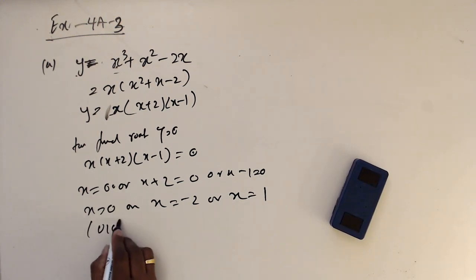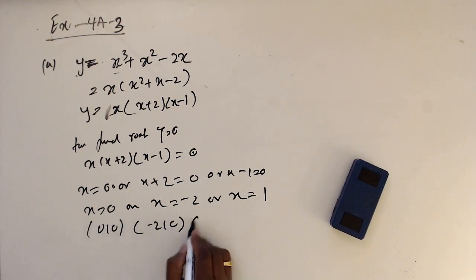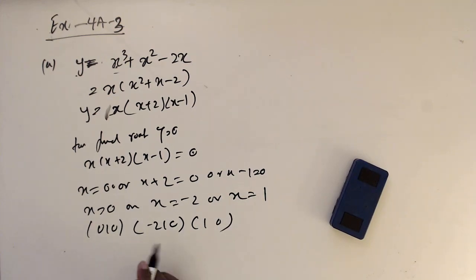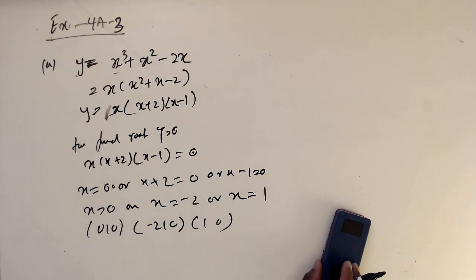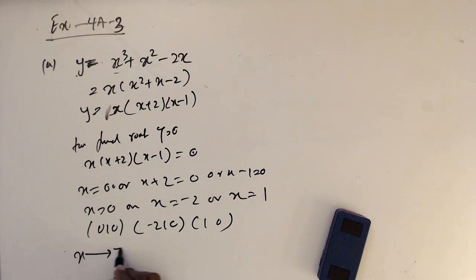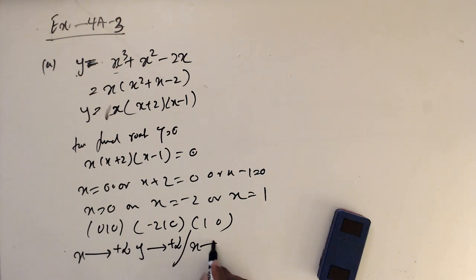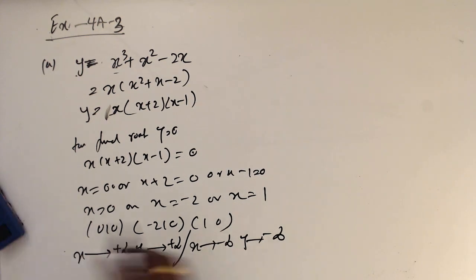Then the points are 0, 0, minus 2, 0, and 1, 0. Then we know that as x goes to positive infinity, y also goes to positive, and as x goes to negative infinity, y also goes to negative.